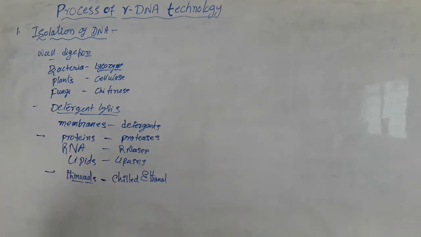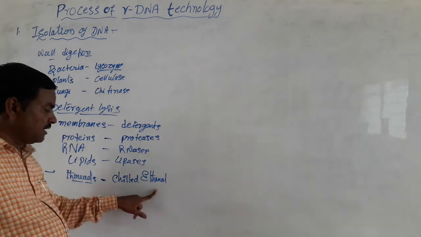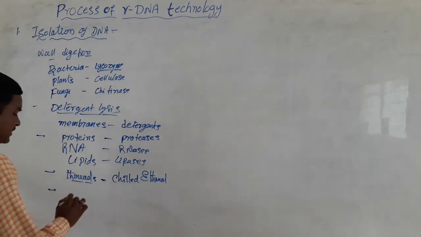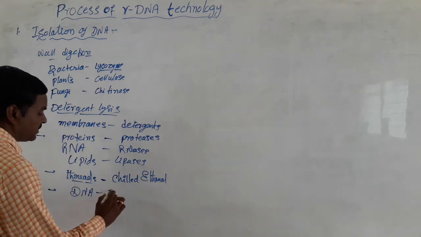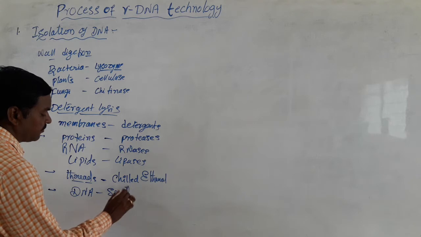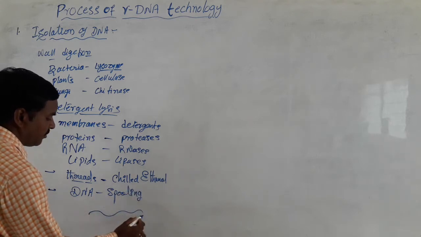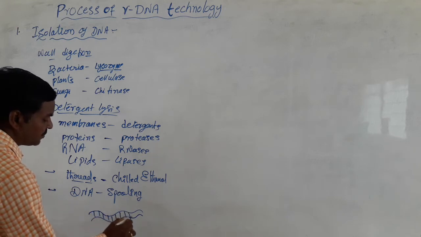These thread-like DNA molecules are extracted only after addition of chilled ethanol. Finally, DNA is extracted by the method of spooling, resulting in the separation of DNA like this.